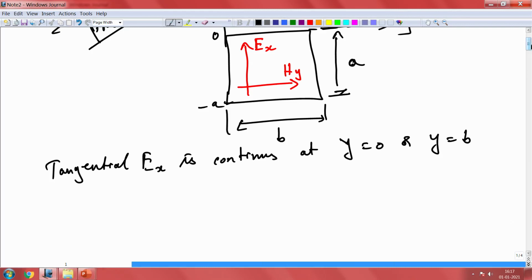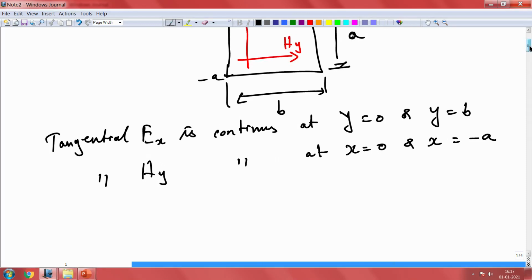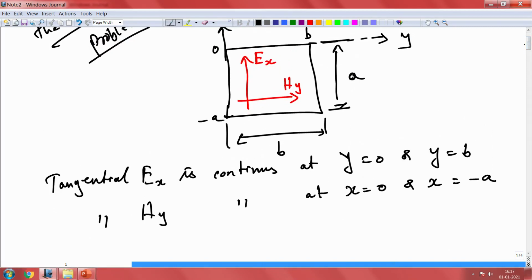Similarly, we should have the tangential magnetic component continuous at x equals 0 and x equal to minus a, right. So, this is something that we know from our basic electromagnetics, right.